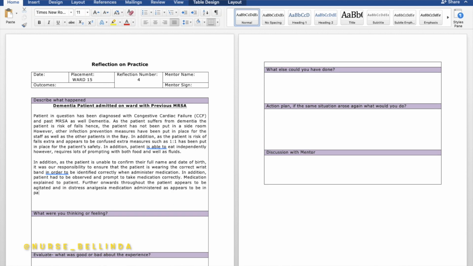I find this a very interesting reflection to write about. Now the reason for that is because most patients that we got onto the ward, cardiology ward, compos mentis, they're able to communicate all their care needs, and so there was really minimal care that you needed to give to that patient.